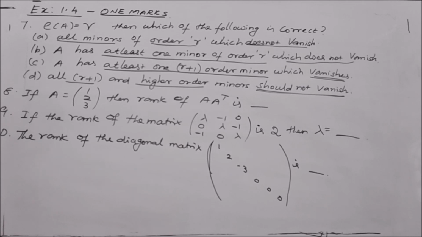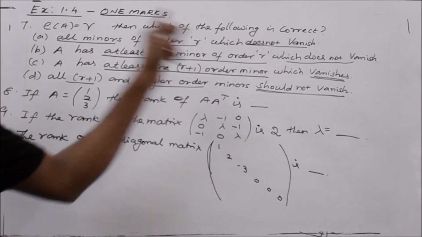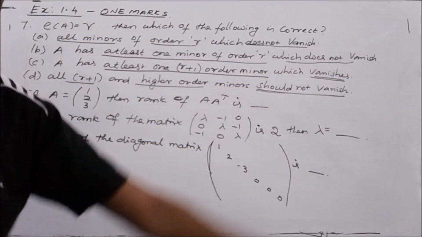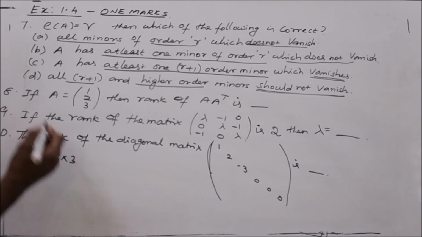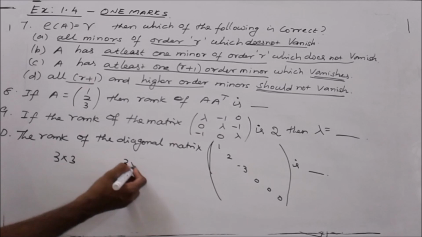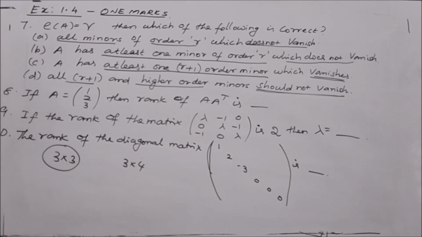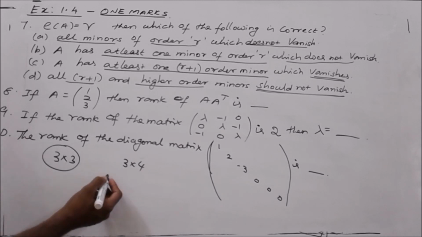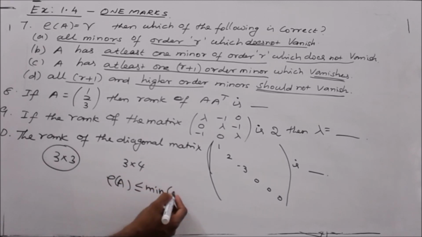The second one is the correct answer, because A has at least one minor of order R which does not vanish. If a 3 by 4 matrix is given, we first check all the 3 by 3 determinants, because rank of A is less than or equal to the minimum of m comma n, the minimum of 3 comma 4, that is less than or equal to 3.